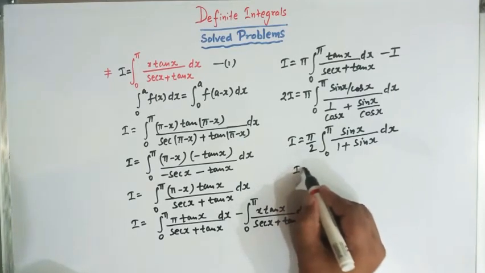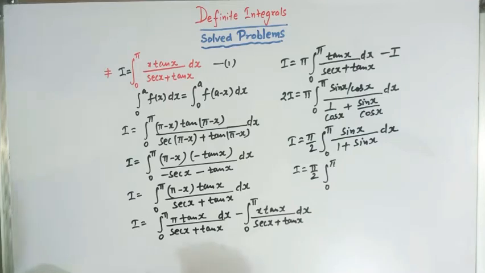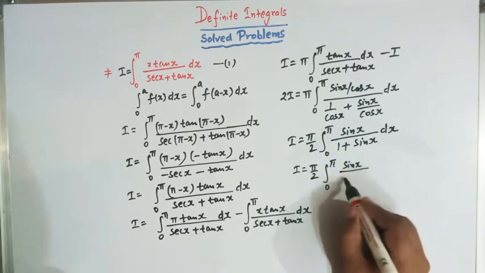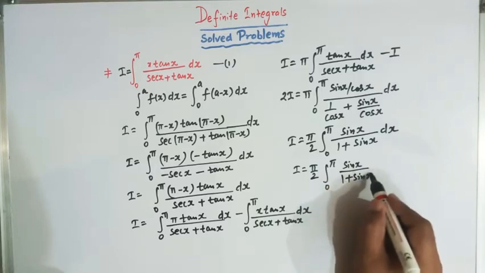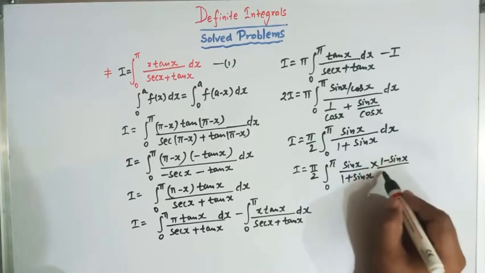Now I can be written as pi by 2, the integral from 0 to pi, and we write it as sin x over 1 plus sin x, and multiply the numerator and denominator by 1 minus sin x.